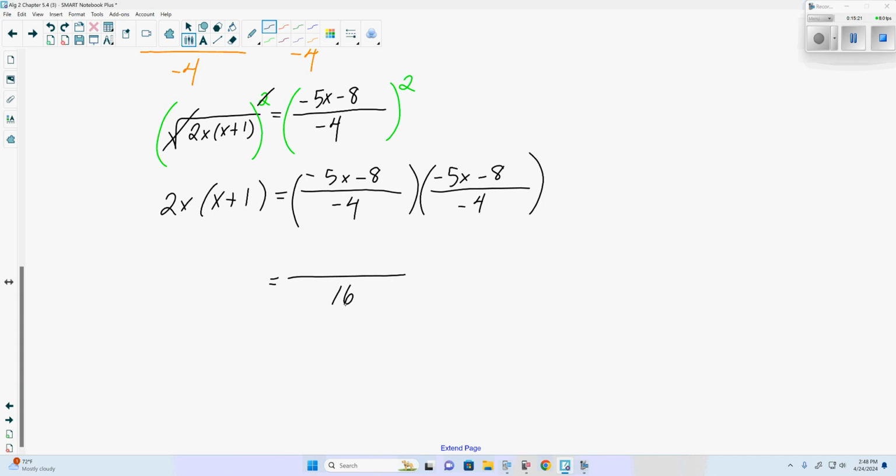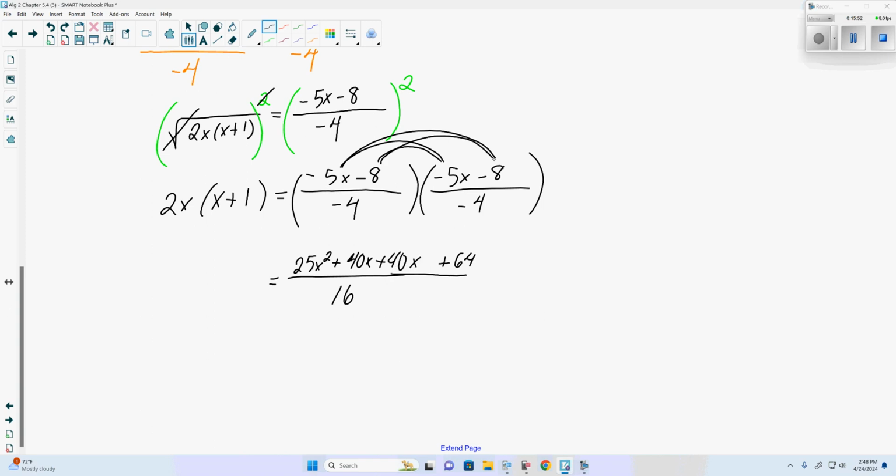The numerator, -5x times -5x. Negative and negative is a positive. 5x times 5x is 25x squared. -5x times -8 is plus, I think, because 5 times 8, yeah, 40x. 8 times -5x is going to be plus 40x.